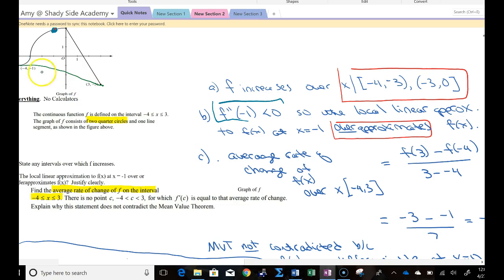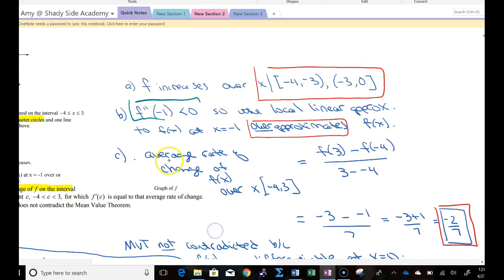What a horrible line that was. But anyway, we want the slope of that line. And here it is. Average rate of change of f of x over the interval of x from -4 to 3, f of 3 minus f of -4, all over 3 minus -4. We get -3 minus -1 over 7, end of the answer is -2/7.